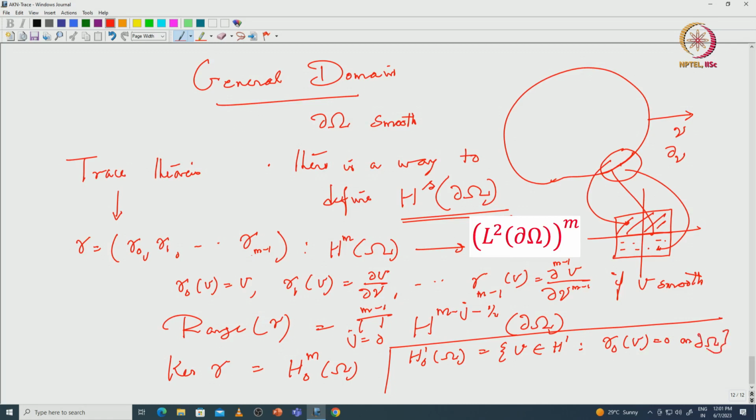With smoothness you can have H2_0, which we may use in the next class. It is the set of all V in H2 such that γ0 of V and γ1 of V are zero.